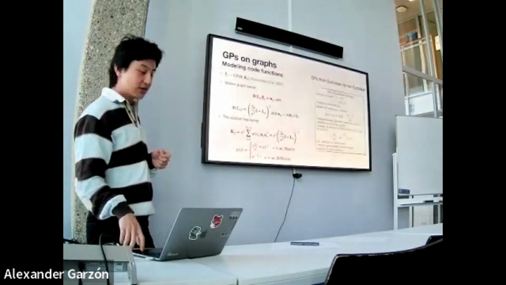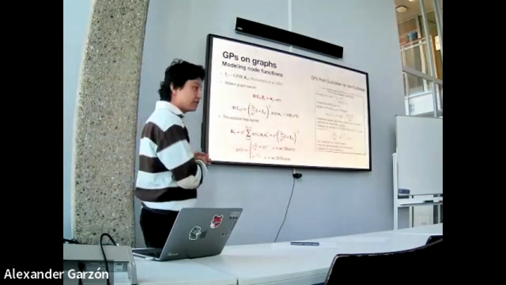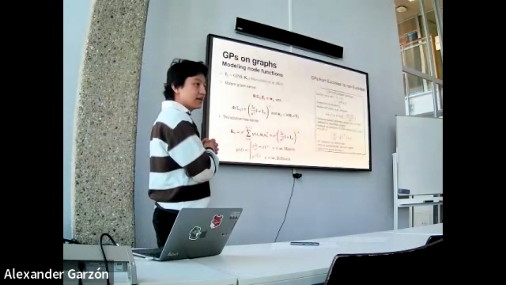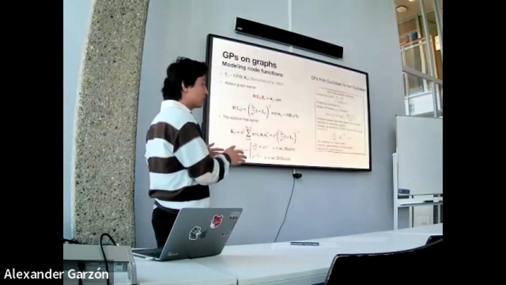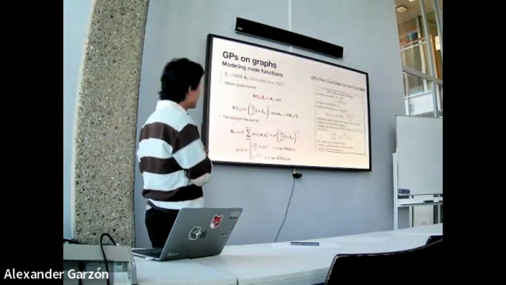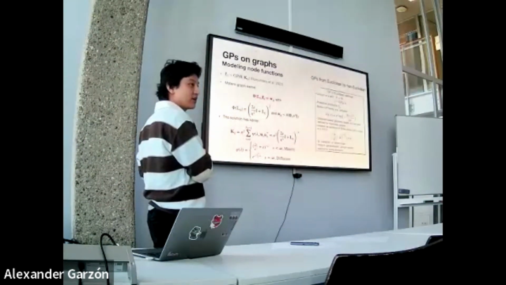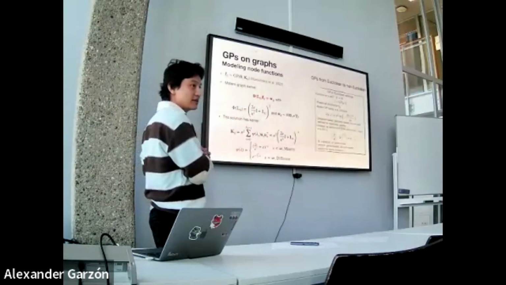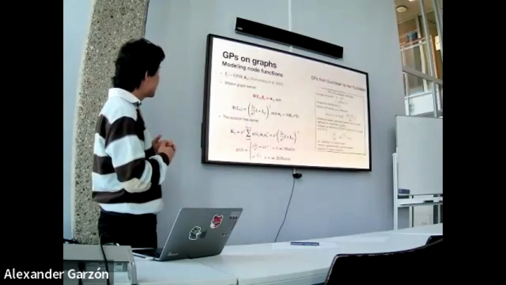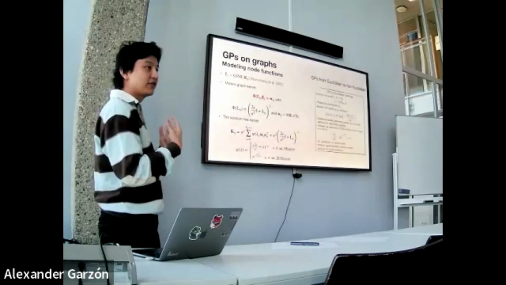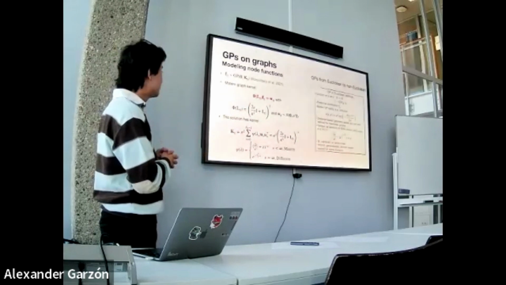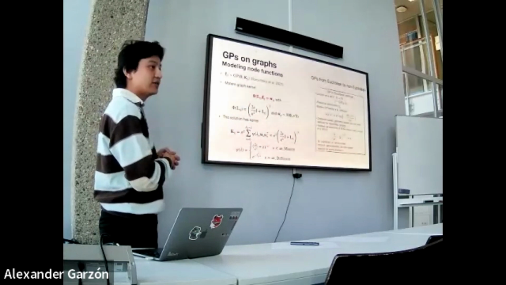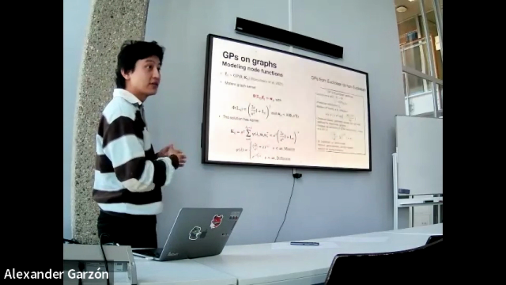Existing work started from a stochastic differential equation, where phi(L0) is a differential operator built out of the graph Laplacian, and you inject noise W0 on the right-hand side. If you choose phi(L0) to be a diffusion or Matern type of function, you obtain Matern and diffusion Gaussian processes on graphs, on nodes.